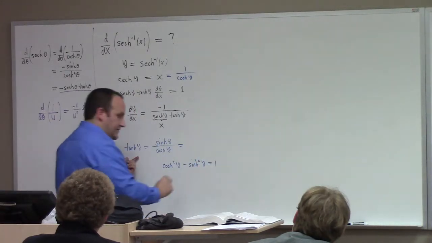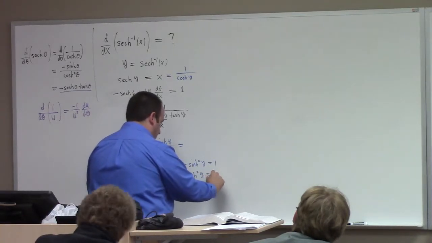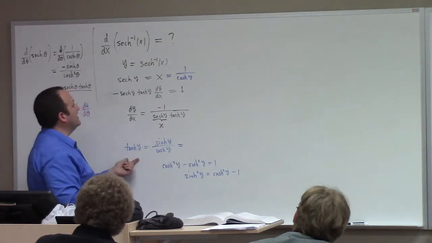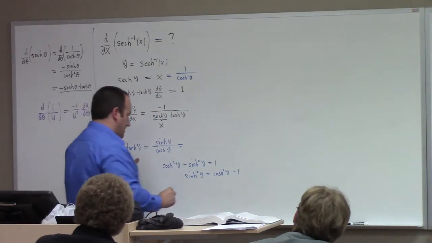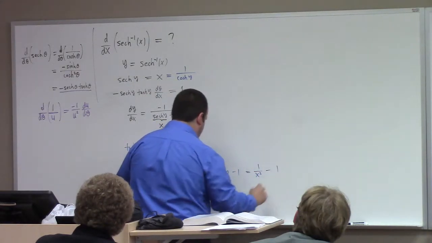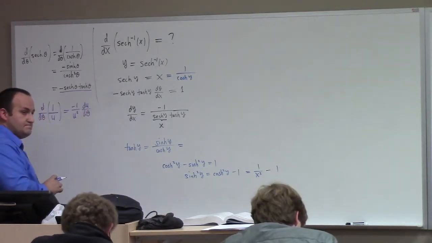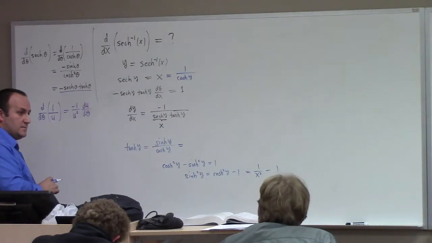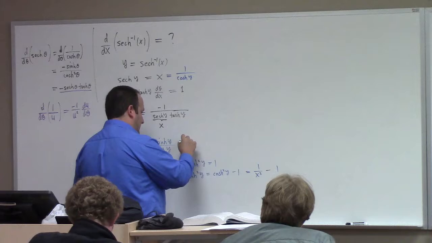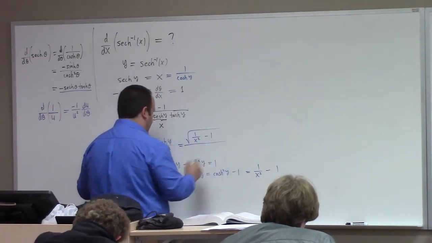Right, so sinh y is what? Sinh squared y is cosh squared y minus 1, right? Which here is what? Looks like 1 over x squared minus 1, if I haven't made a mistake. Right? Agree, disagree? So, if I haven't done something stupid, 1 over x squared minus 1 divided by what was cosh y?